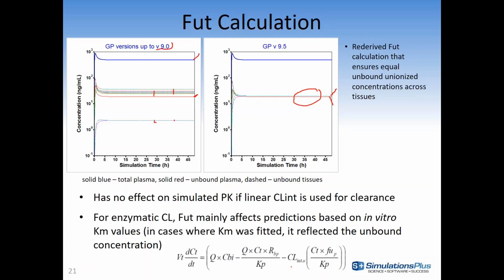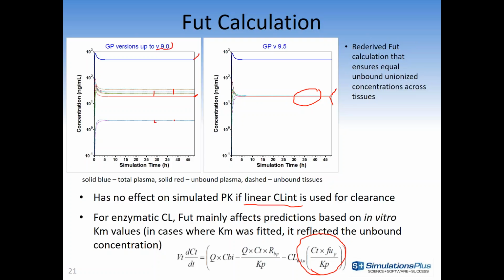When the clearance was defined as a linear intrinsic clearance, the elimination rate was already calculated, and still is calculated, based on the assumption of the same unbound concentration in plasma and in tissue. So this would not have any effect on your simulated PK in cases when you were using linear clearance.